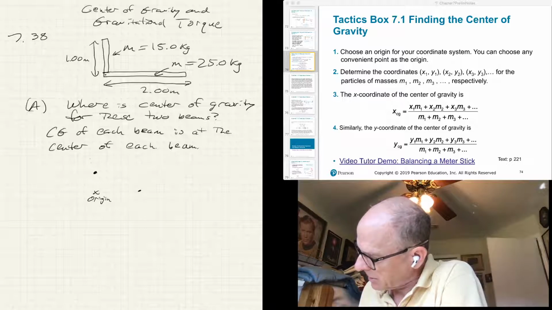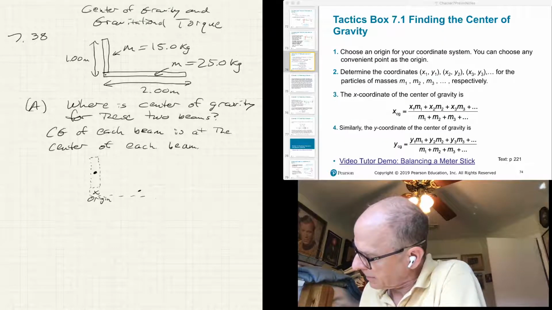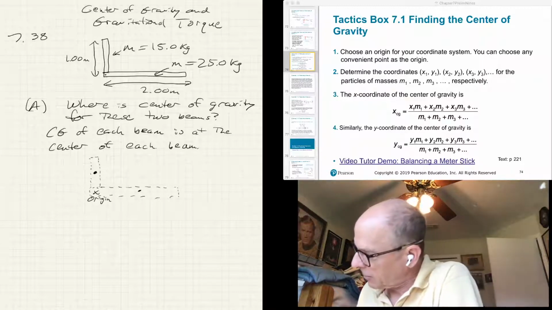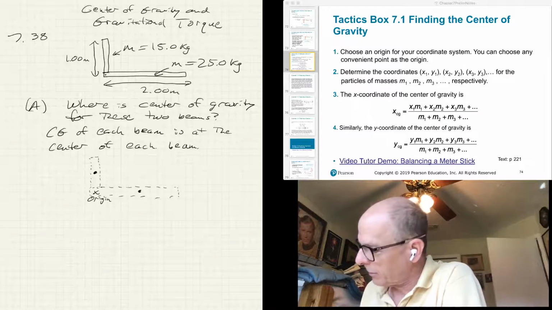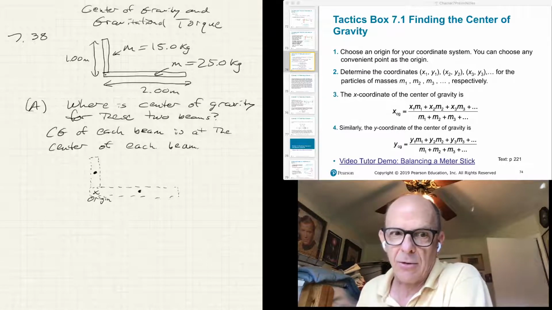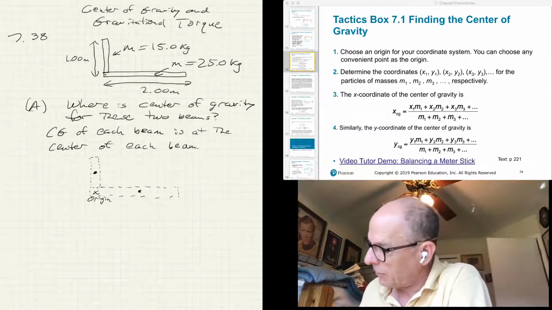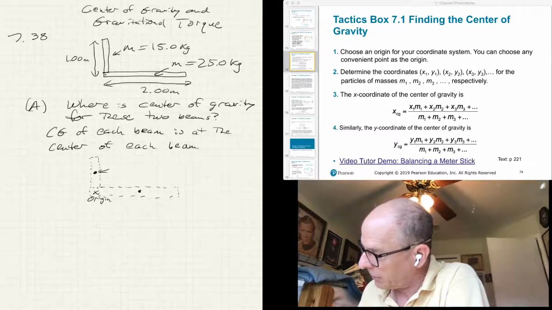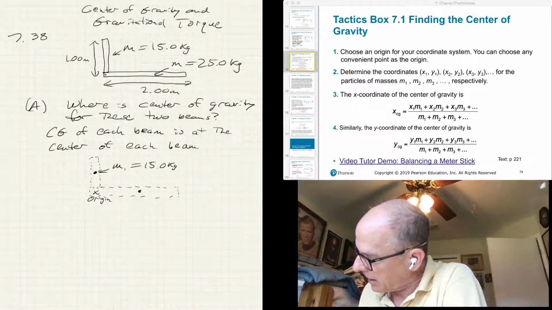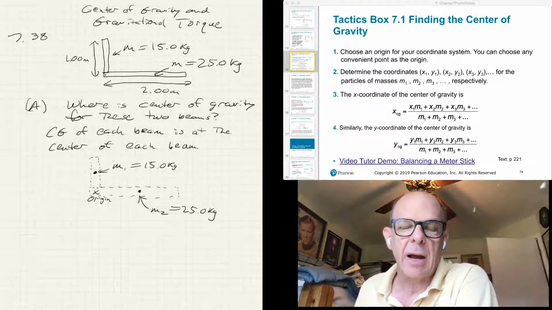I'll try drawing in a dotted line where the beams are, but these points are at the center of each one of those beams, and to calculate the center of gravity for this thing overall, I can just use those 2 points. This one I'll call M1, which was 15 kilograms, and this one I'll call M2, which is 25 kilograms, and I'm putting my origin at the corner here.